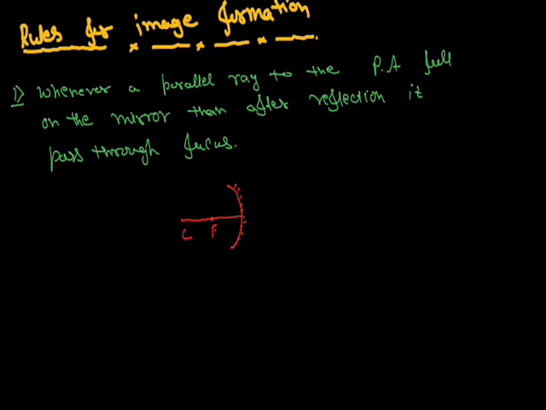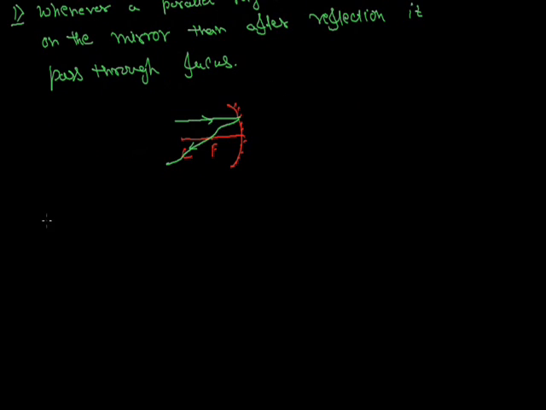Now, first law states that whenever a ray of light comes parallel to the principal axis, after reflection it will pass through the focus, means in this direction. So this is the first law which we will use in the image formation.